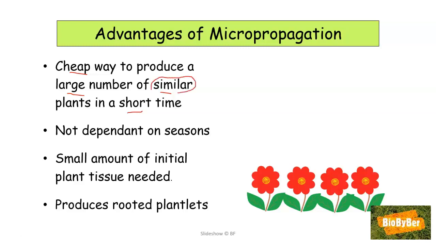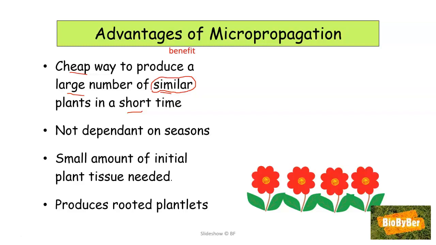If I'm interested in producing pink orchids, I will want to be sure of my colour, pink, and if I follow this technique, then I will be sure to produce a large number of such similar plants in a short time so that I can sell them quickly.